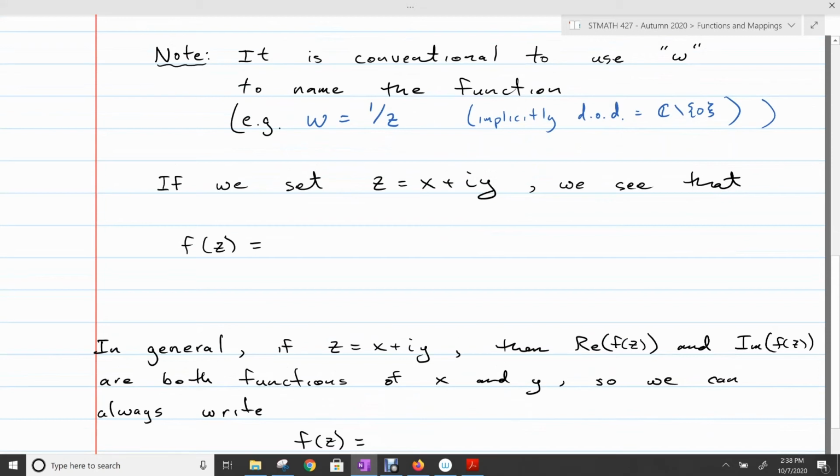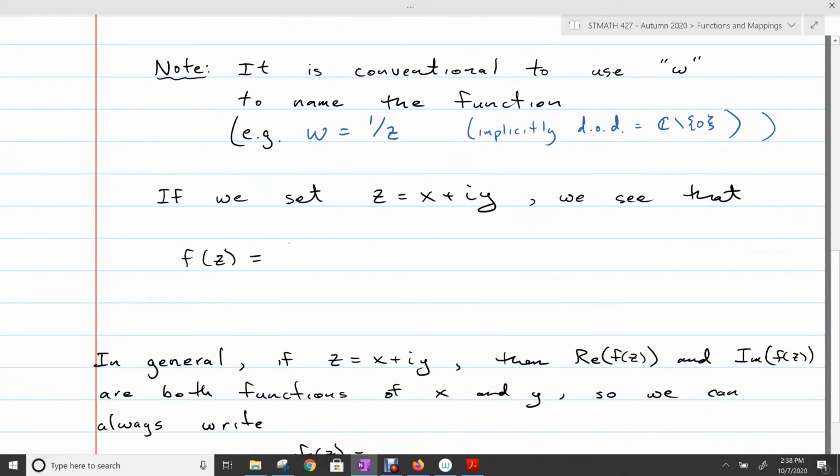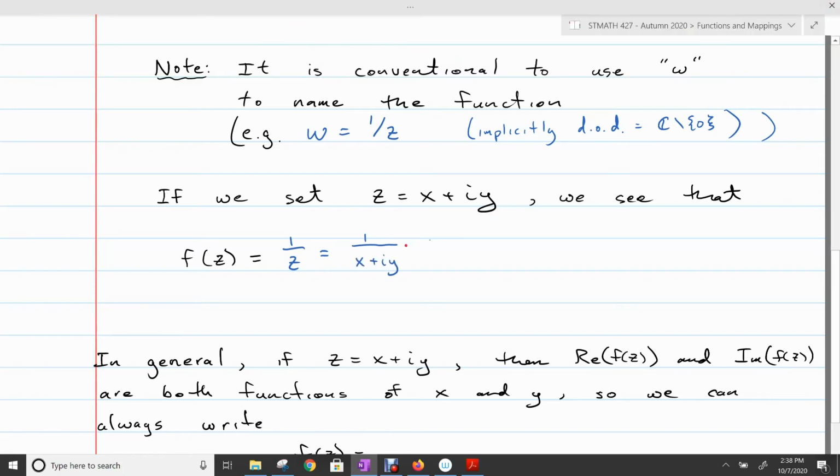Now with the same example, if we would set z equal to x plus iy like we normally do, then we could rewrite the function f of z equals 1 over z in a different form. We could write that as 1 over x plus iy, which we could write in the standard form by multiplying by a conjugate.